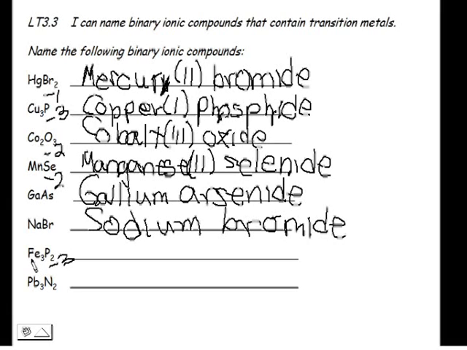To make that happen, each iron has to be +2, 2 times 3 giving you +6. So it will be iron with the Roman numeral 2 for the 2 charge that it has, with the name phosphide as a binary ionic compound.